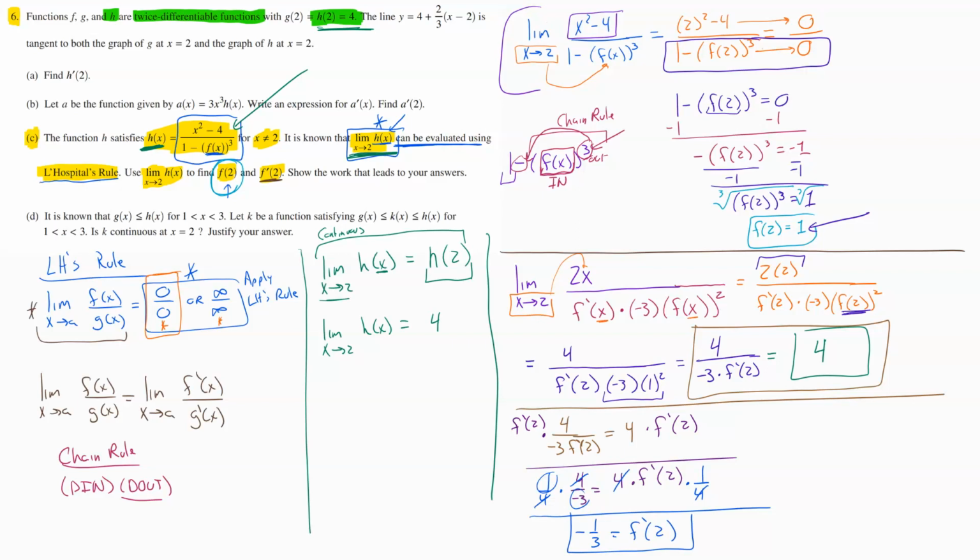So there were a lot of moving pieces here, but not all of it was that rough, right? Let's recap. We used the indeterminate form portion of L'Hopital's rule to find out what was going to make that bottom equal 0. Then we applied L'Hopital's rule. We took the derivative of the top and the bottom to get ourselves a little f prime of x because we needed to be able to solve for that, and we didn't have an equation that used it.